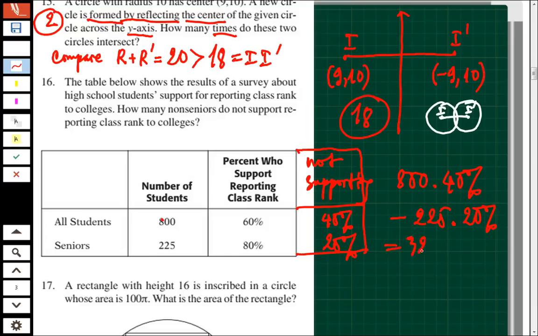That is 320. Subtract here. Do the same. 0.2, or 45. And the final result is 100. No, 200. 275. Let me check again. Oh, I missed something. 275.